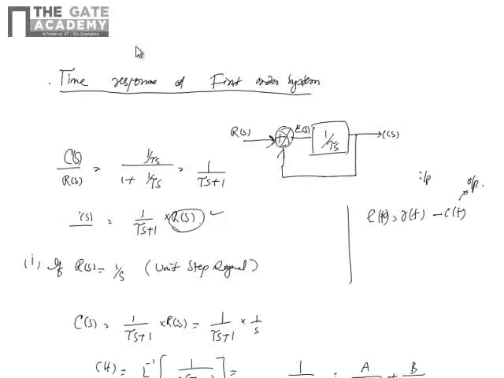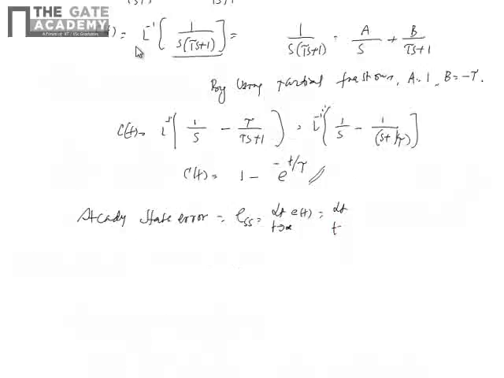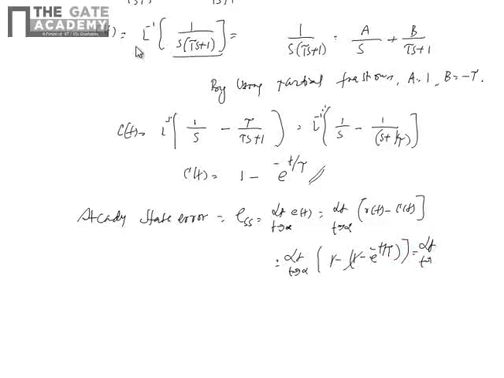So limit t tends to infinity of 1 minus (1 minus e power minus t by tau). The 1 gets cancelled, leaving limit t tends to infinity of e power minus t by tau.